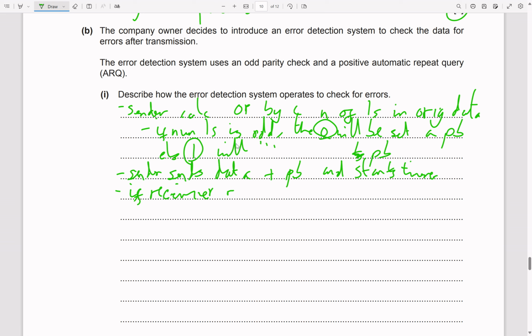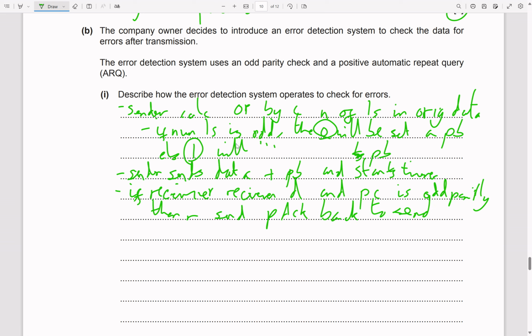So if the receiver receives data, and the parity check is correctly odd parity, then the receiver sends a positive acknowledgement back to the sender, who will reset the timer back to 0, and send the next data.